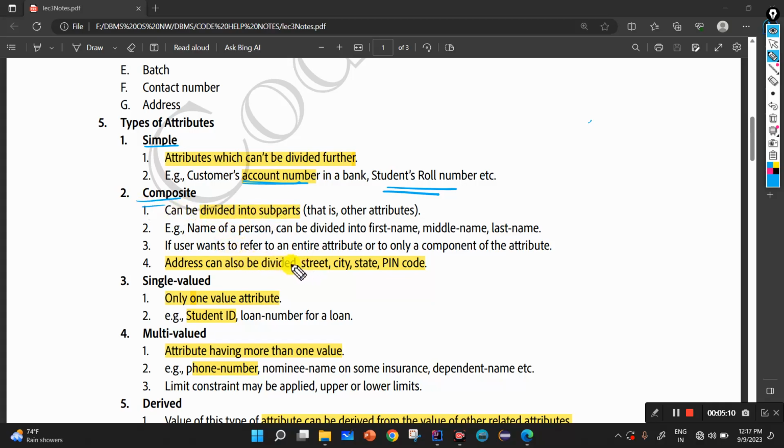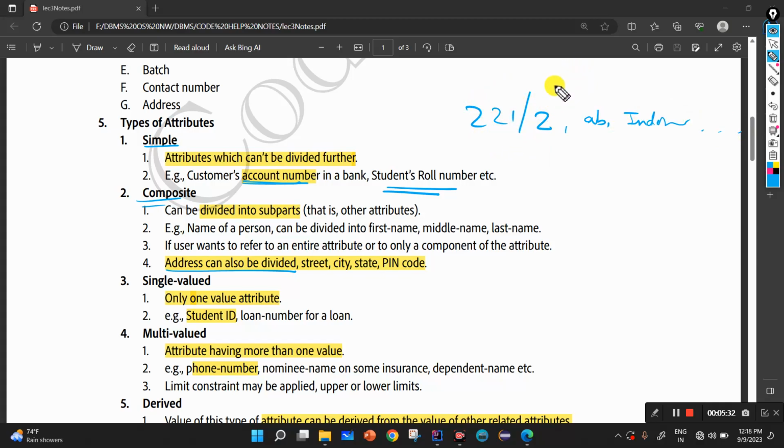For example, address: a house number, a street name, say Abhinav Nagar, and a city, say Indore. So we can say this can be divided.